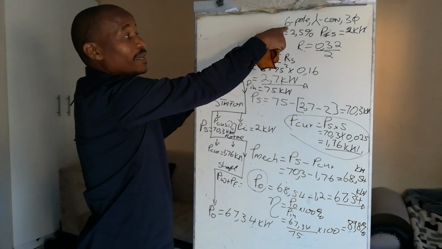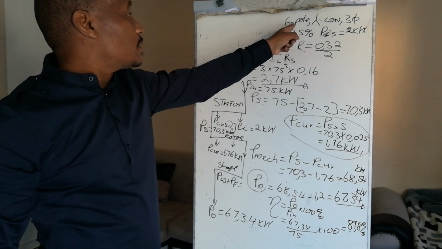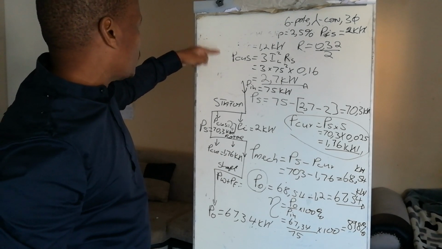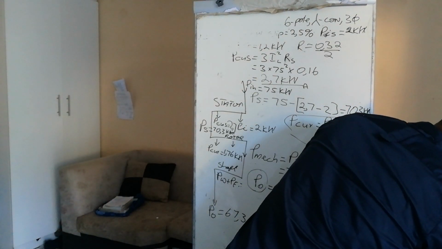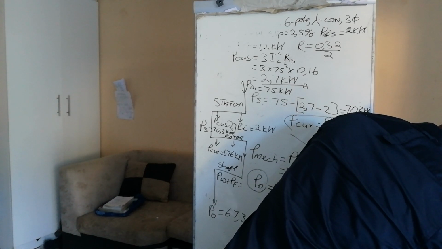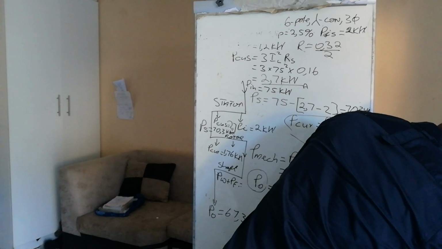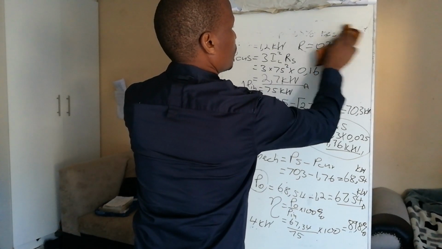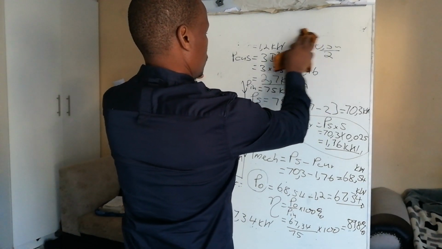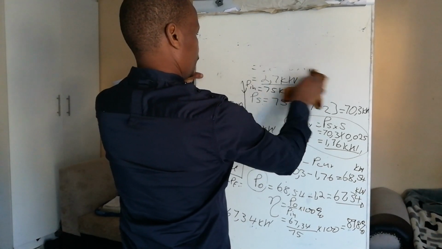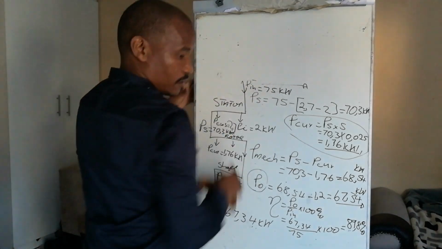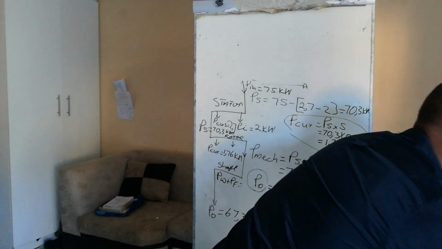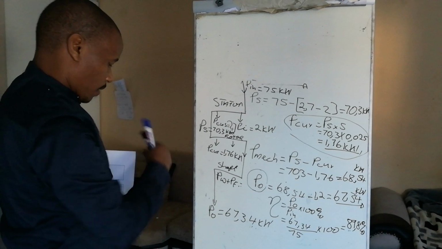While erasing, remember this is given as a 6-pole induction motor, and we are given the speed. Okay, we are given the slip as 2.5.